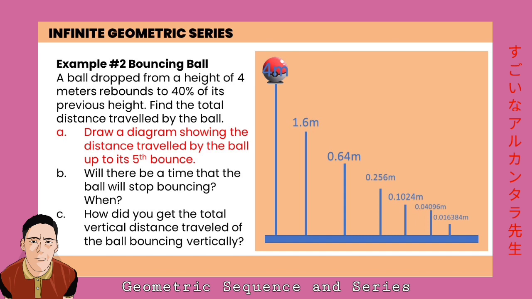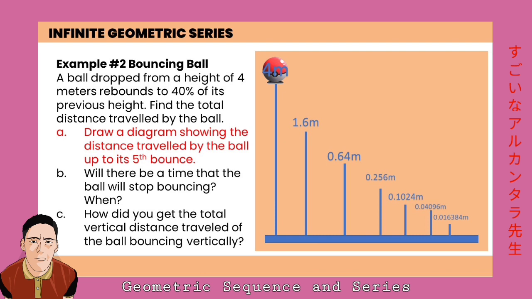So you multiply 4 by 0.4 because it's your common ratio. You're going to be able to get the next measurement, which is 1.6. Again, 4 times 0.4 is 1.6. If this continues, the next vertical distance is going to be 0.64. And if this continues, it's going to be 0.256.